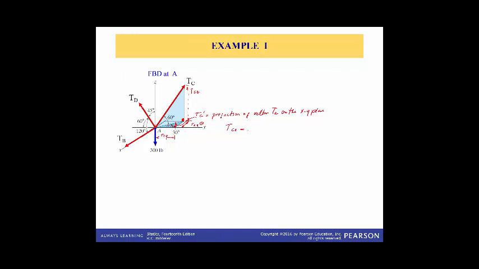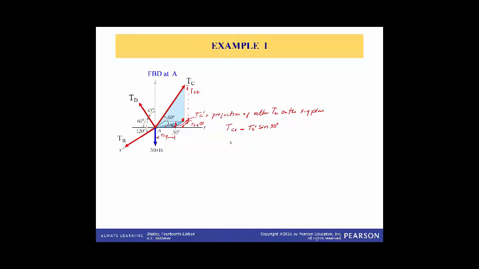So TCX is going to be equal to TC prime, which is the projection, times the sine of the angle of 30 degrees.